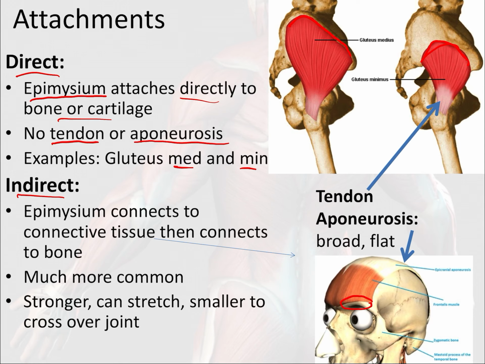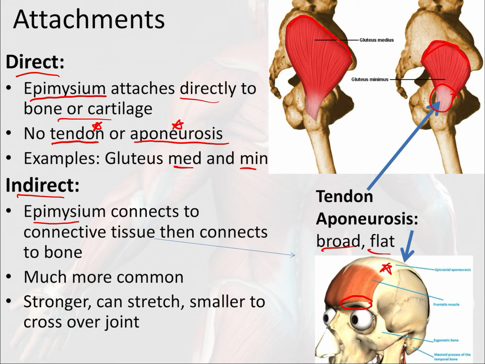The other thing to talk about here is the difference between a tendon and an aponeurosis. A tendon is typically like this, a thick rope-like structure, but an aponeurosis is broad and flat, like this one here. Indirect attachments are much more common.